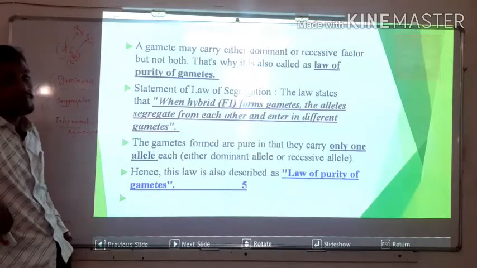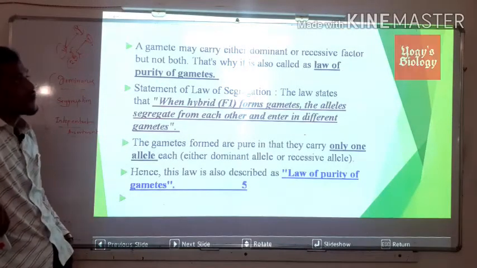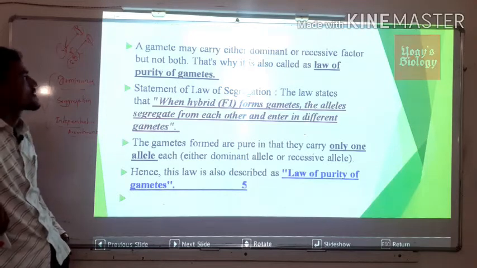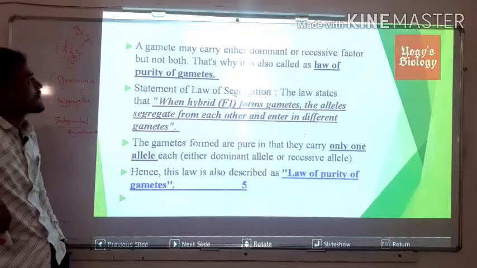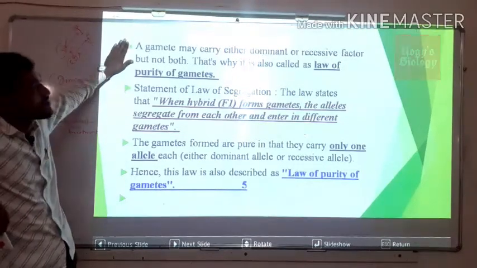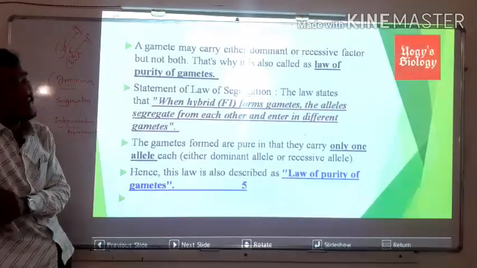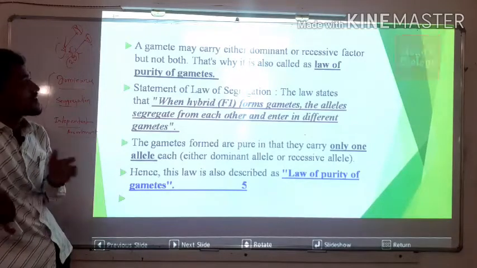A gamete may carry either the dominant or the recessive factor, but not both.